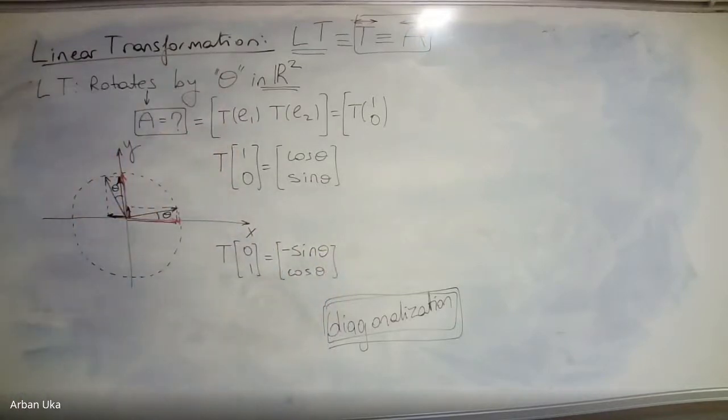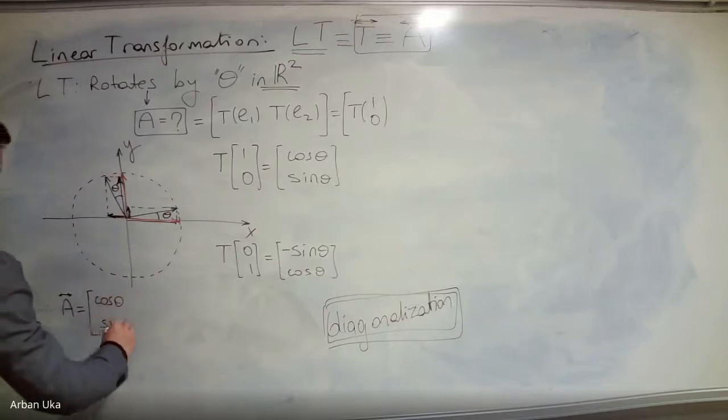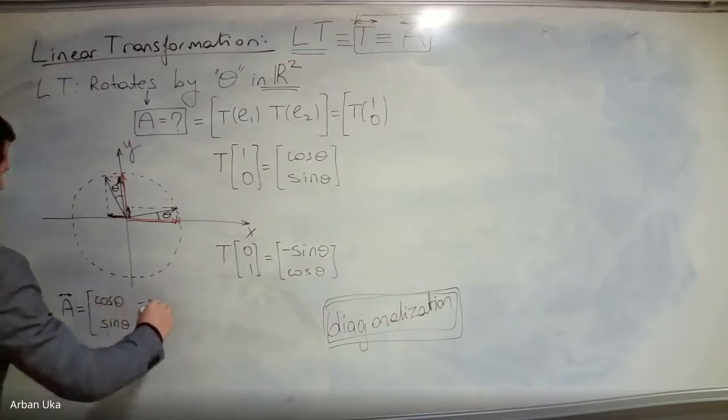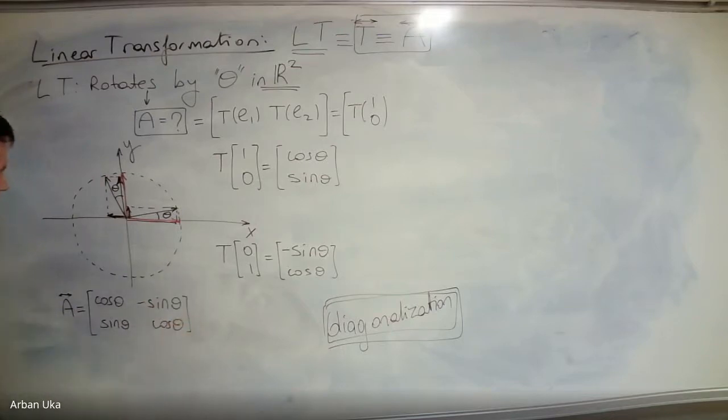Okay, so finally, the matrix A, which is equivalent to rotating a vector by an angle theta, can be written as cosine theta, sine theta, minus sine theta, and cosine theta.